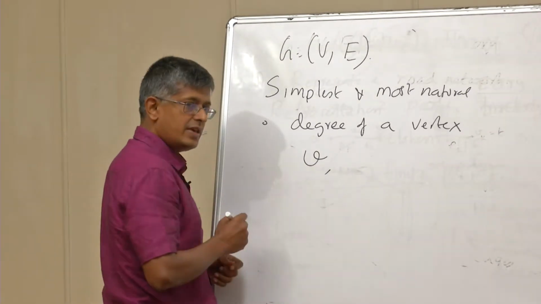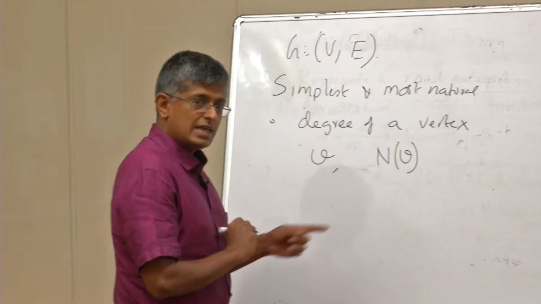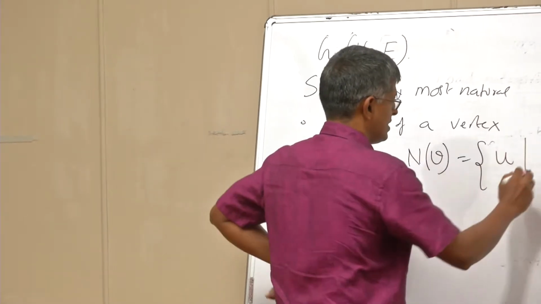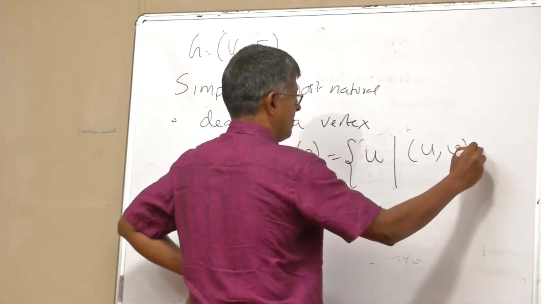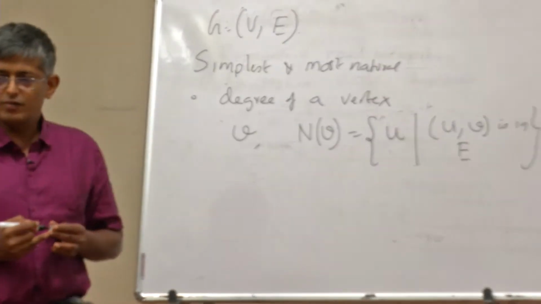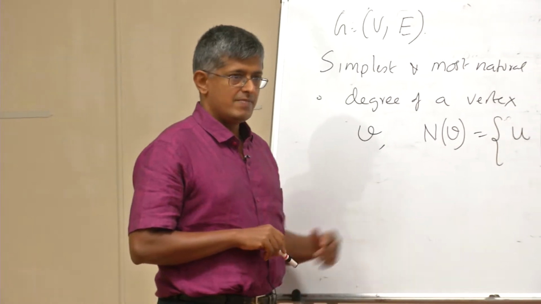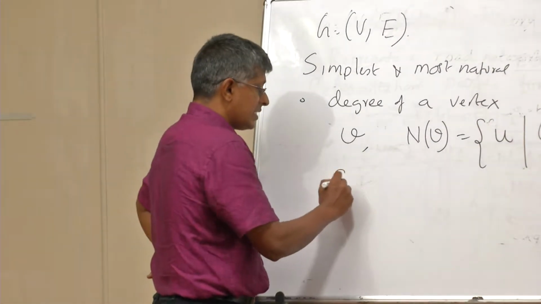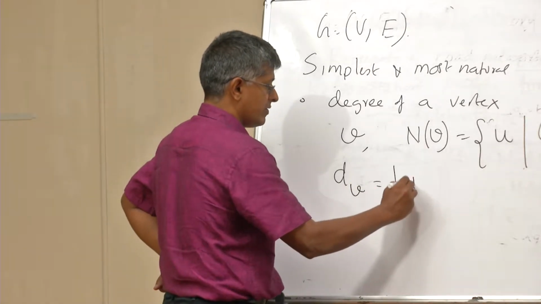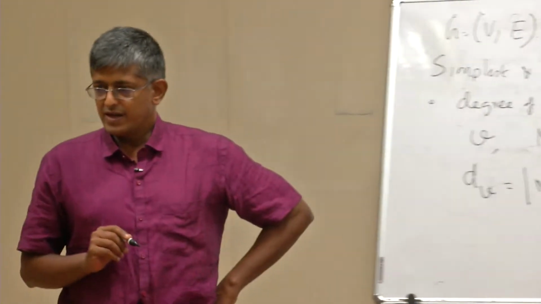For a vertex V, N of V is called the neighbors of V. N of V, the neighbors of V, is the set of U such that UV is in E. The degree of V, represented by dV, is the number of elements in N of V.